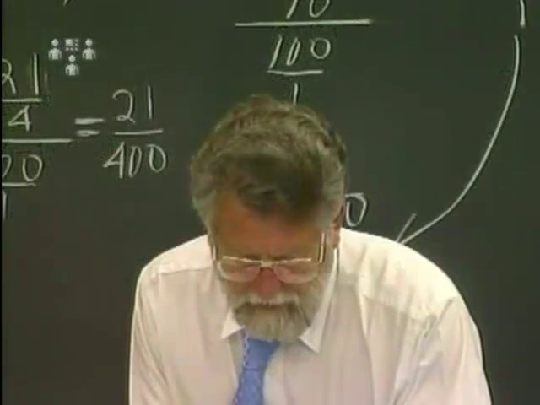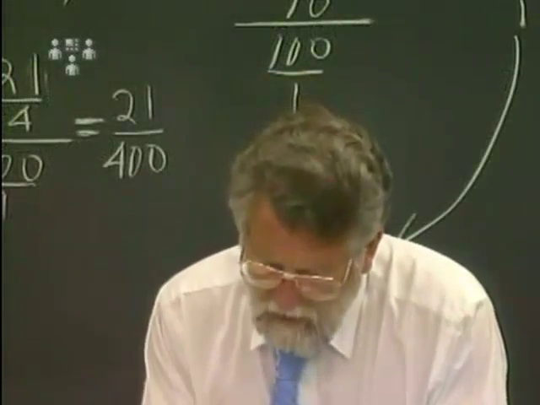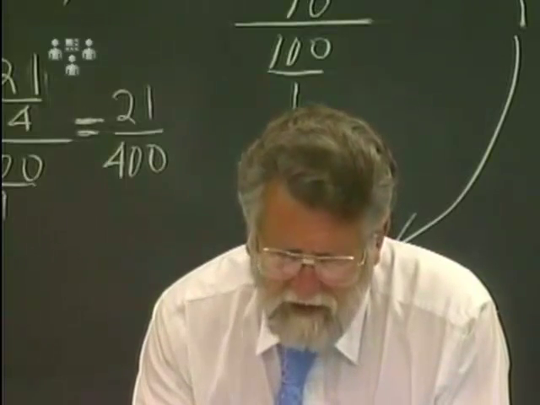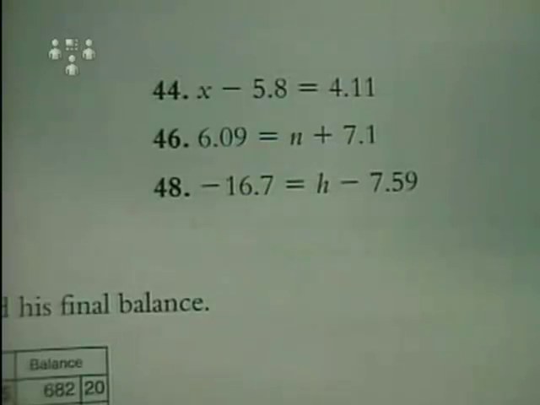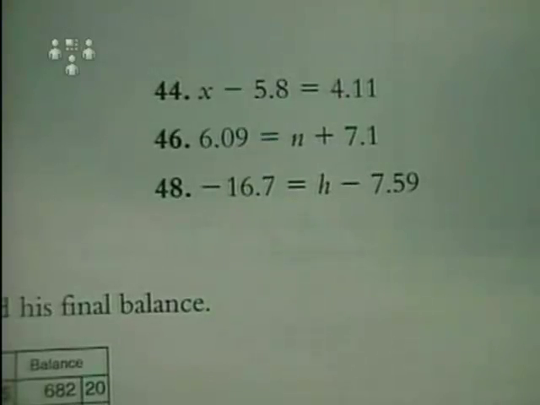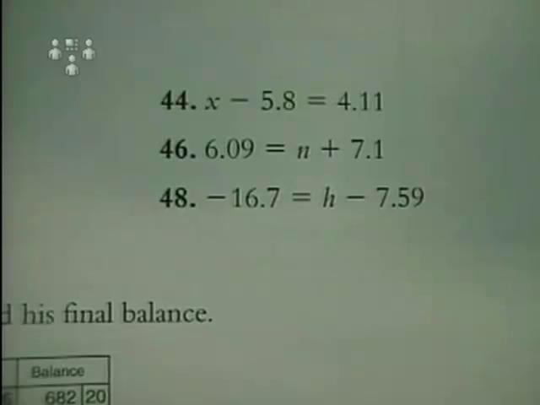Okay, and then simplifying. Now, I could argue that in some ways is harder than maybe number 44. 44 is not a difficult problem, right? But it involves subtraction or addition with decimals.